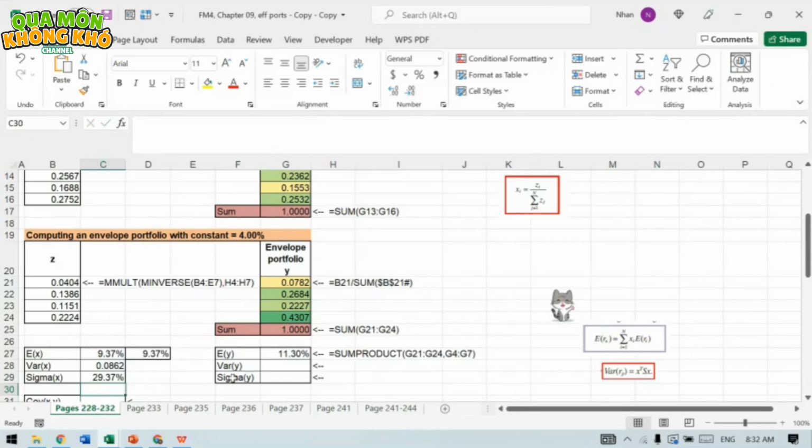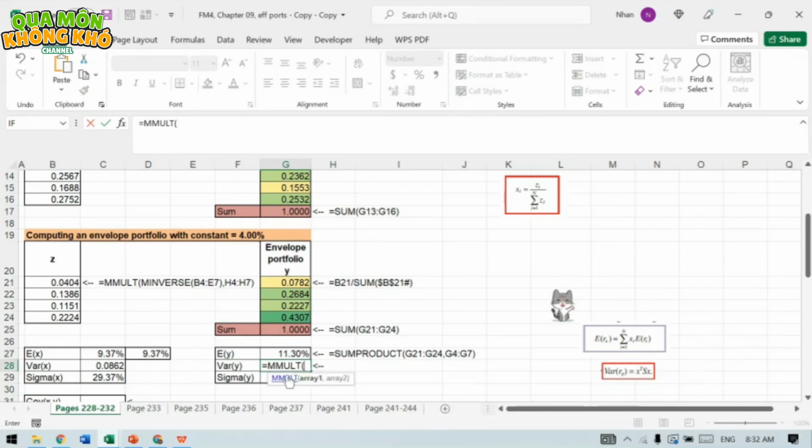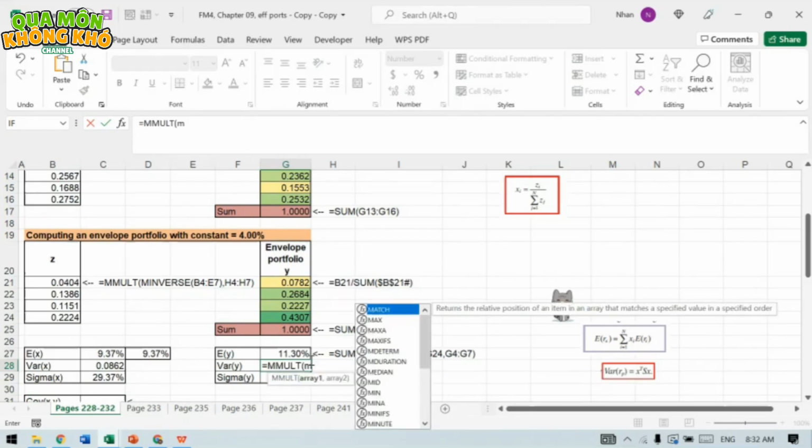So I have the standard deviation here, and I do the same with portfolio Y to calculate the variance and the standard deviation.